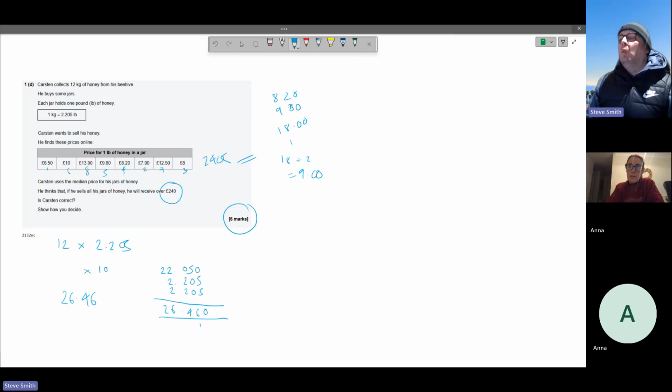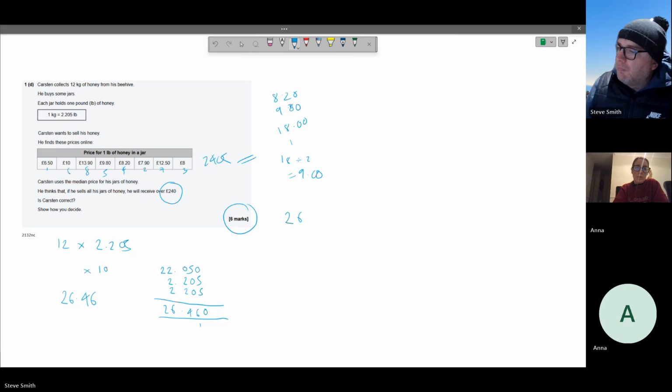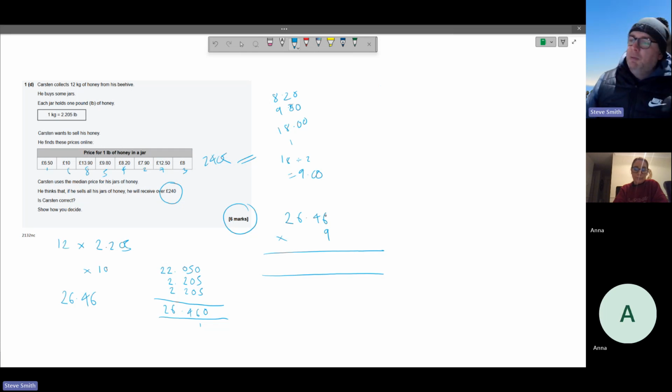So we know that 12 kilograms of honey is 26.46 pounds of honey. And then we've got to use the median price. He thinks that if he sells, he'll make over £240. So we've got the price, that's the weight, sorry, times by the price. It's a normal multiplication, and because we haven't got too big of numbers, we haven't got any decimals, it's just a straight £9.